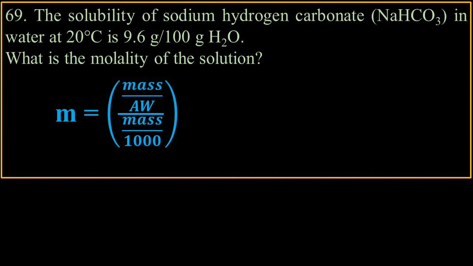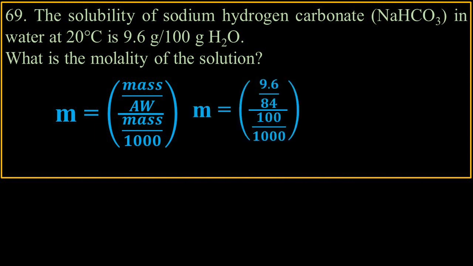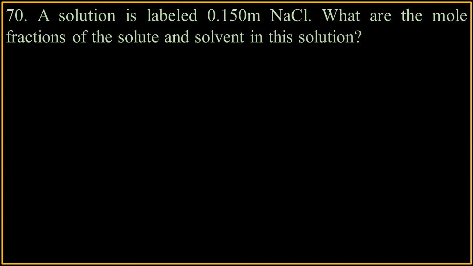So plugging into the equation, we have 9.6 over 84, which is the atomic weight of sodium hydrogen carbonate, divided by 100 over 1,000, which is 0.1. And we put that into a calculator. 9.6 divided by 84 is the numerator, 0.1 is the denominator, and we get as the molality 1.14 molal. So just notice that you're assuming 100 for every 100 grams of water.